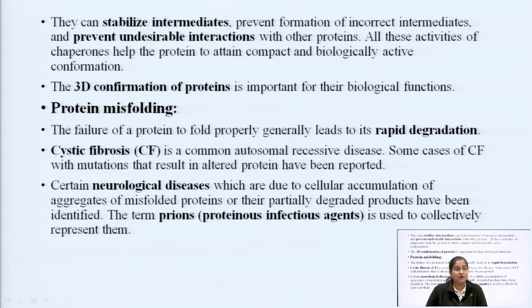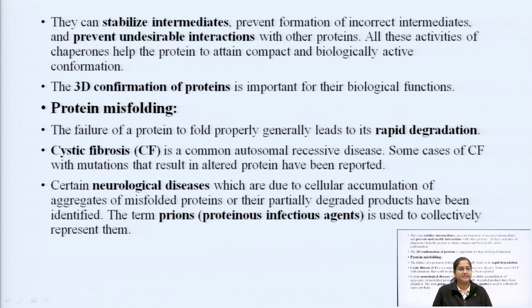A disease known as cystic fibrosis is a common autosomal recessive disease. Some cases of cystic fibrosis with mutations that result in altered protein have been reported. That means protein misfolding is so dangerous that it can cause autosomal recessive diseases also.